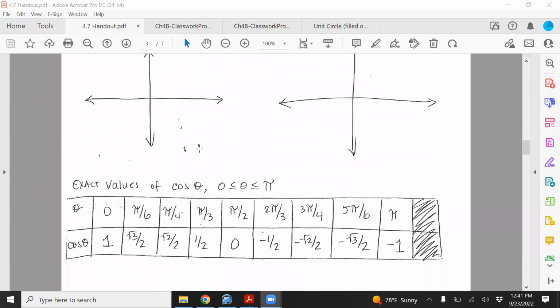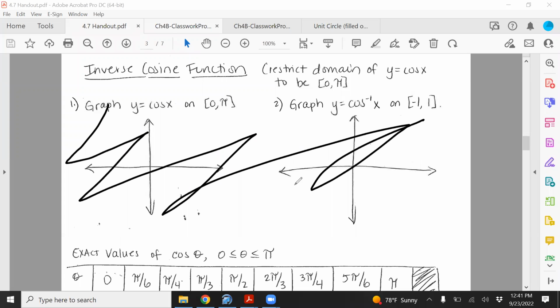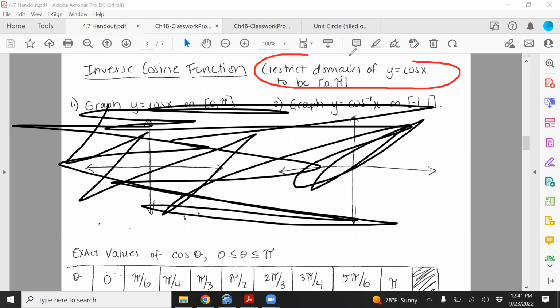Inverse cosine. I'm not going to do the graph. However, you need to know this. The default range for inverse cosine is 0 to 90 degrees.